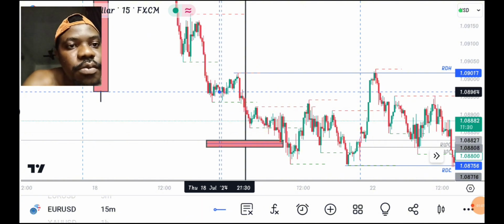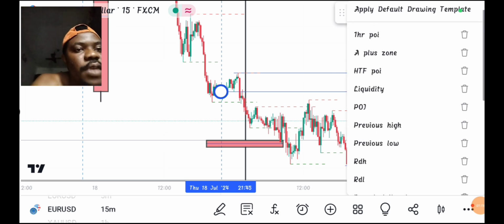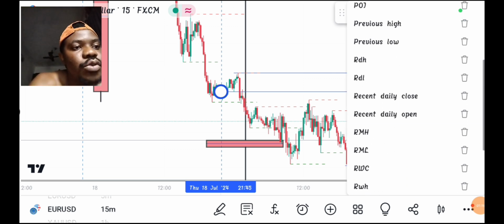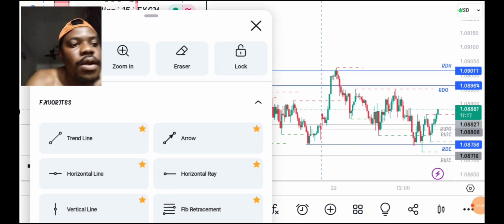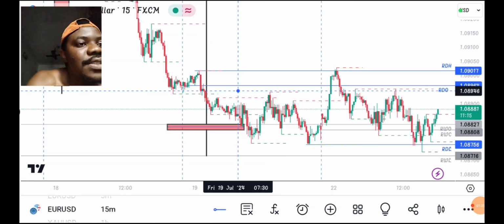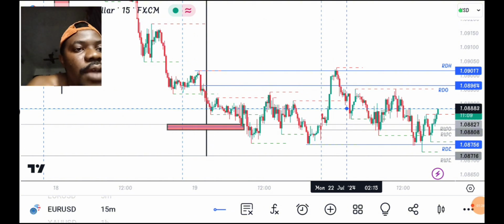So it opened below here. So that's actually our opening price for Friday. I will name that our recent daily open, RDO, and then our recent daily close is the last one now.